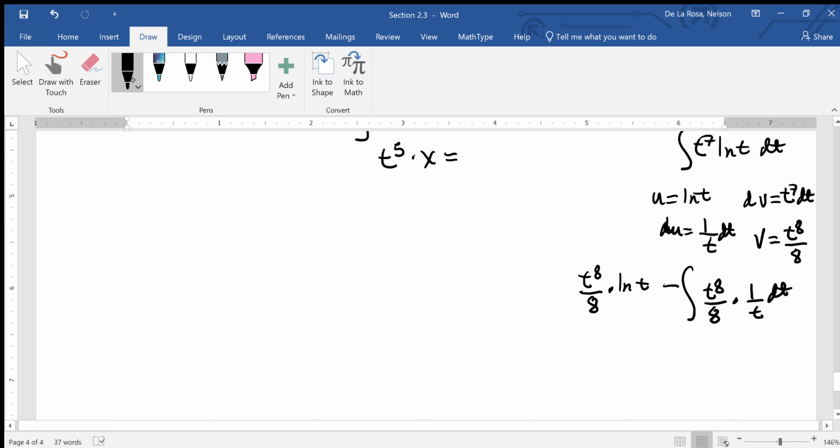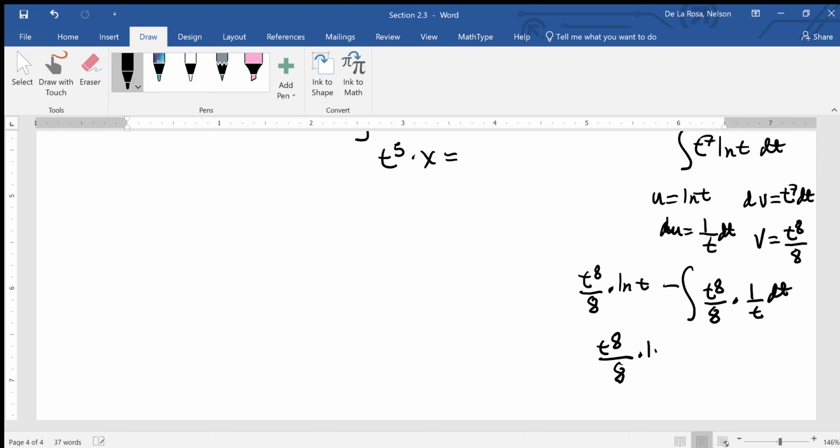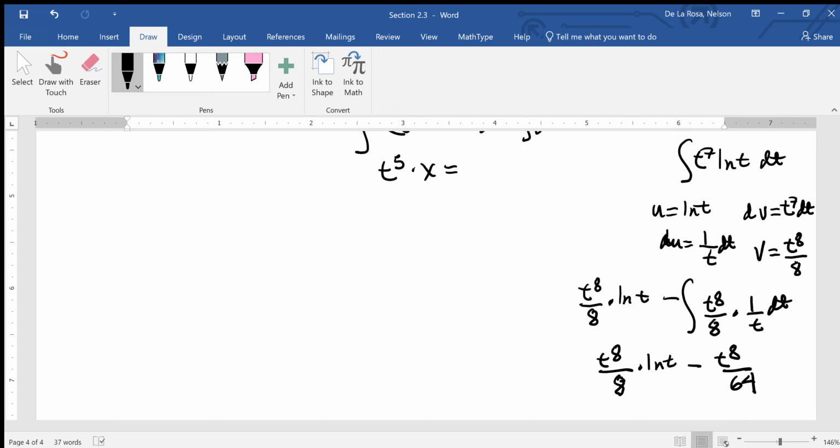So this is equivalent to t to the 8 over 8 times ln of t minus the integral of t to the 7 divided by 8. So that would be what? t to the 8 divided by 64. Right? Okay.